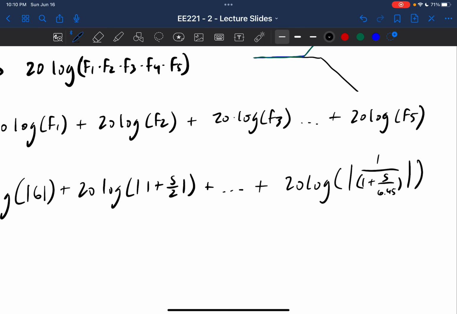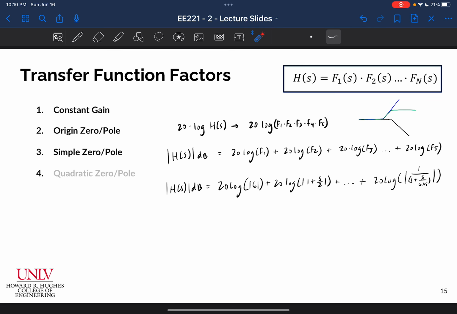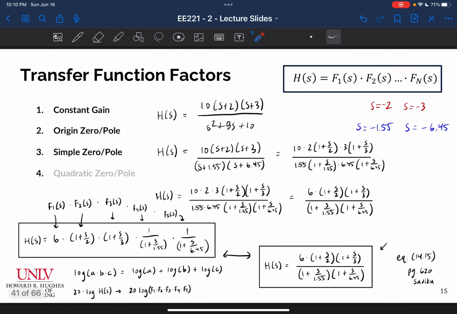We can sketch each individual term on the magnitude and the phase plots. Once we do that, we can add up their effects like I showed here, and we end up with our final Bode plot. We can do the same thing if we already have the Bode plot given to us: we can deconstruct it in the same fashion so that we know what the poles and the zeros are in our system and decompose it back into the original transfer function.